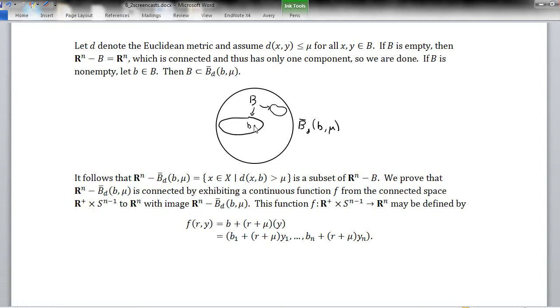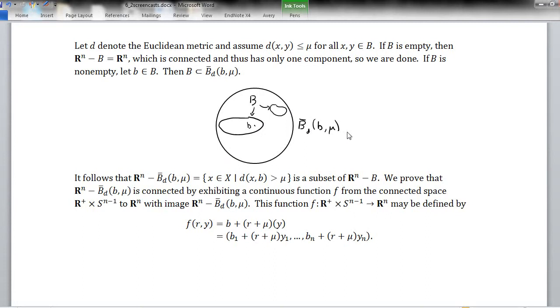The fact that the metric is bounded above by mu means that if you take the closed ball of radius mu about this point b, then every other point in the set B would have to be contained in that closed ball, because every point is no further than mu away from b. So I've found a big ball which contains my set B.